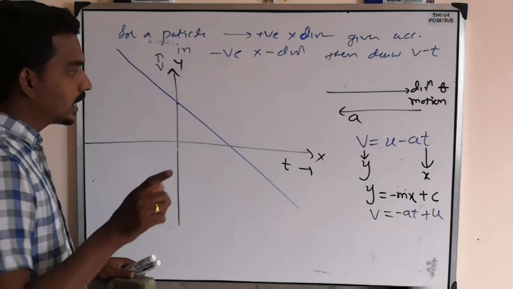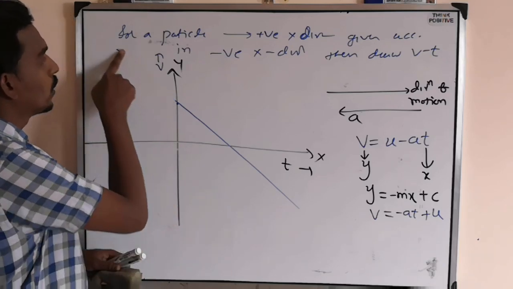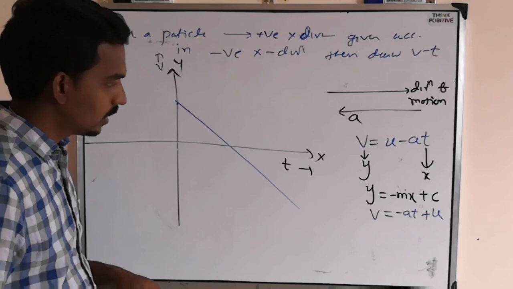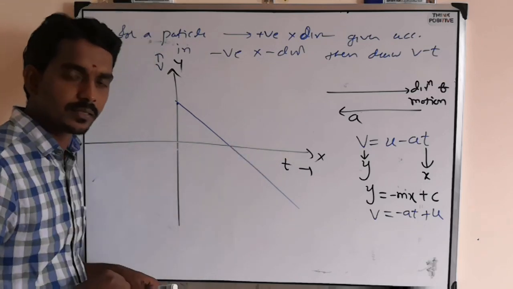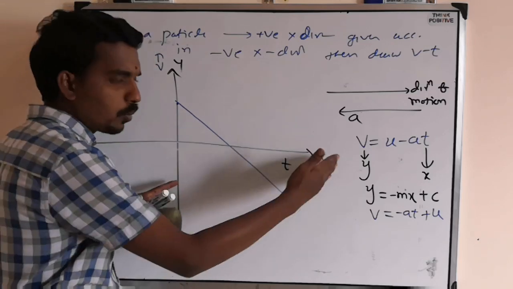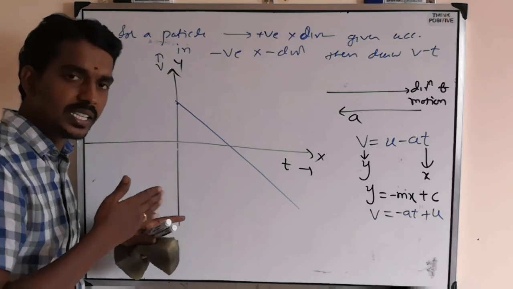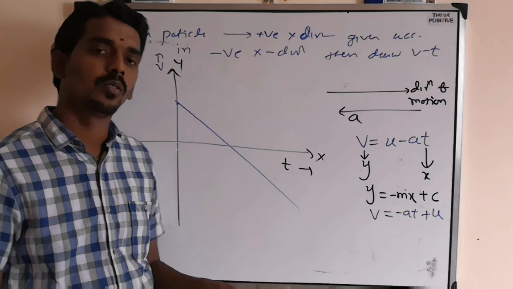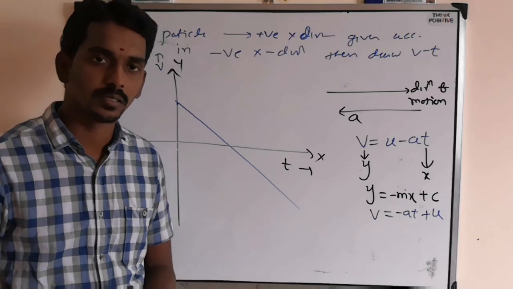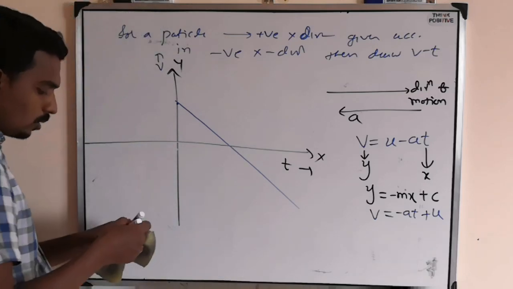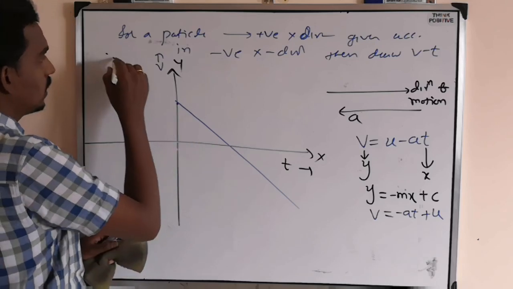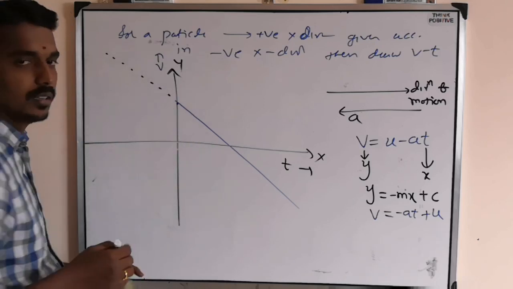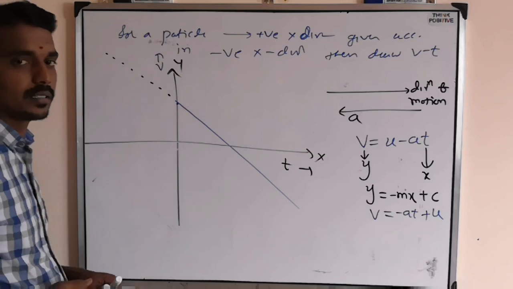But strictly, I will say this part won't be there. Why? Because this is the time axis. This side is positive, this side negative. Is there any possibility that time will become negative? No. No question of minus 2 seconds. That's why, even though the graph can come in this shape, you should not extend in this direction.